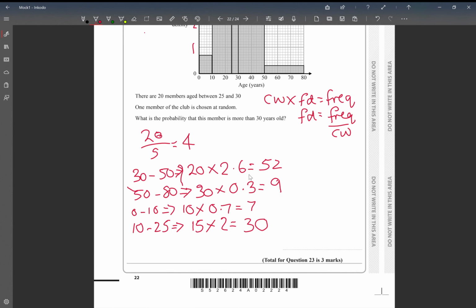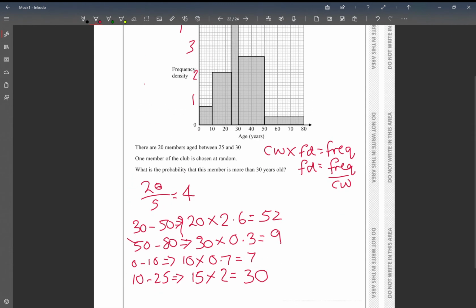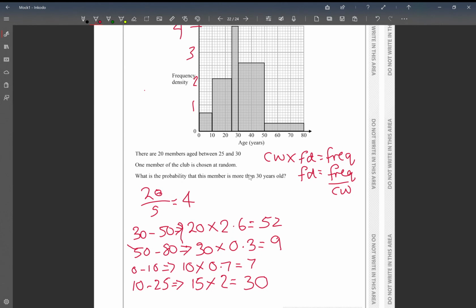Okay, and then we can add all those together, obviously not forgetting the 20 from when you're given. That's 52. You can see how it's quite a lot bigger, isn't it? So it does look like it's going to be quite a lot bigger. That's 9. That one's 20. This one's 7. I've not done this in a brilliant order, but hopefully you can see what I've done there.